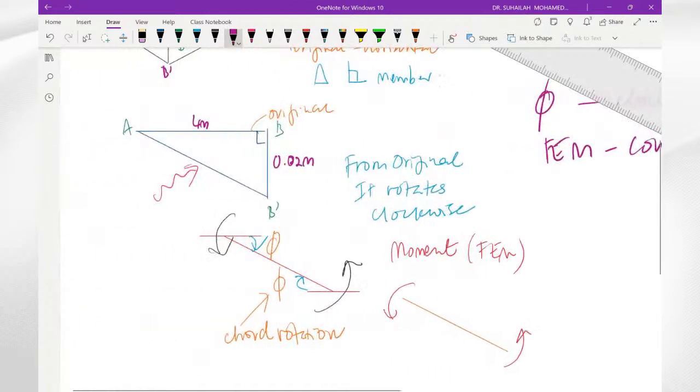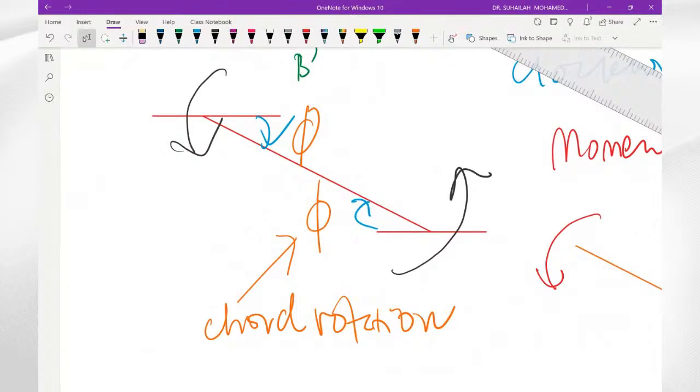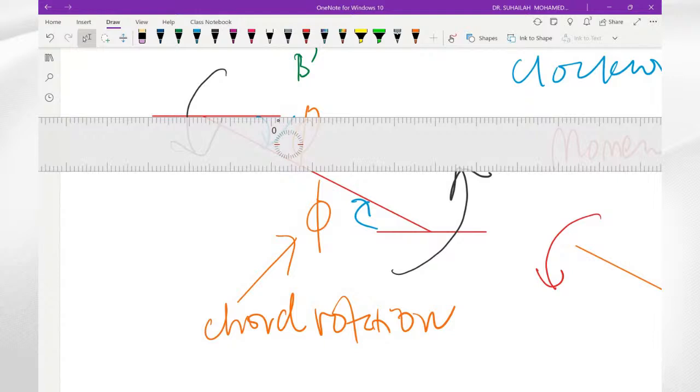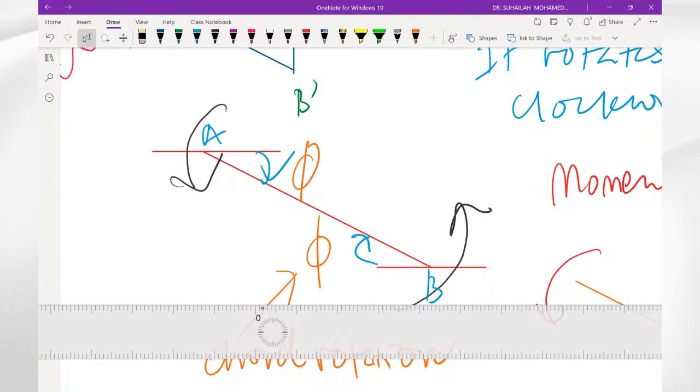Okay. So here we just need to identify from this. I measure the original at point A and the original at point B. Original A is okay, the first joint, and then B has settled.